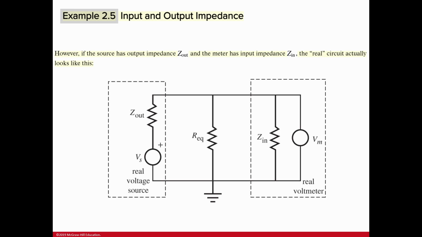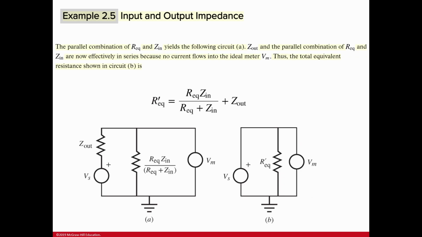Since those two are connected in parallel, we need to write the equivalent resistance of those two. So there will be Req times Zin divided by Req plus Zin. Okay, this is the equivalent resistance.